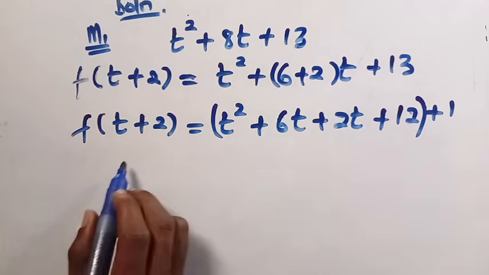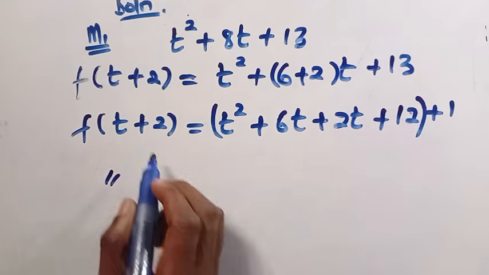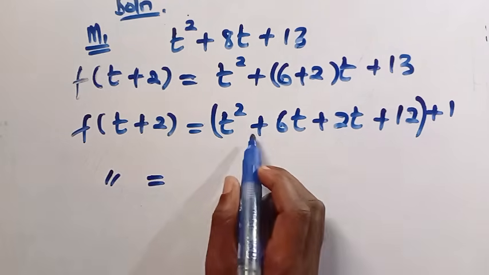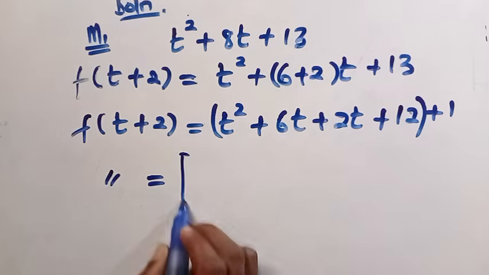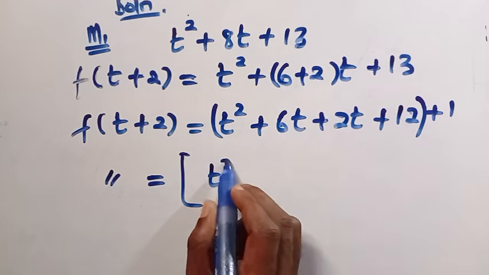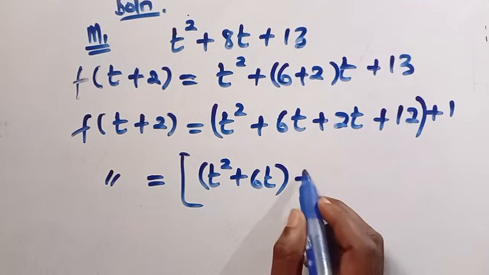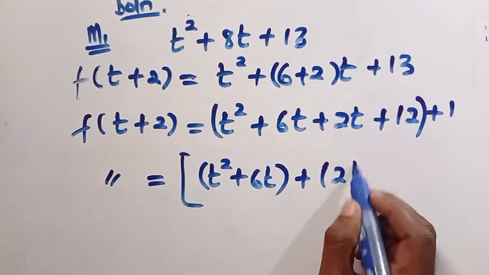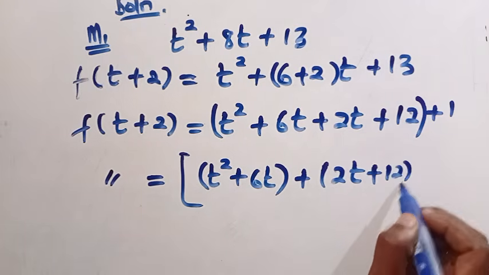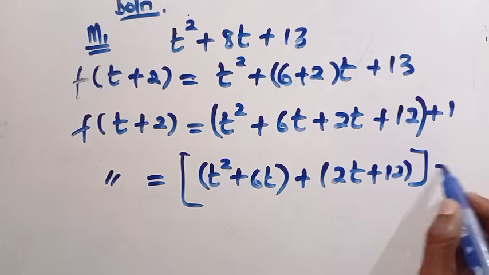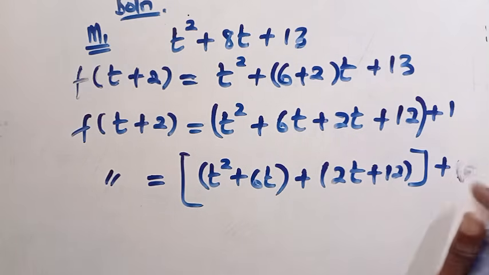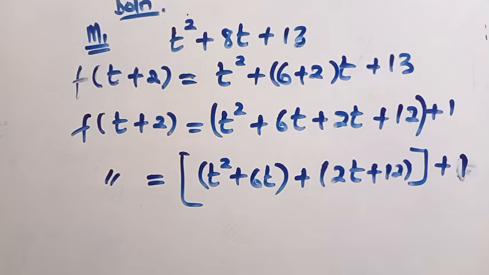After that, let's group this. By grouping, we have t squared plus 6t in brackets, then plus 2t plus 12. I'm solving this problem step by step. Then this is plus 1 outside.